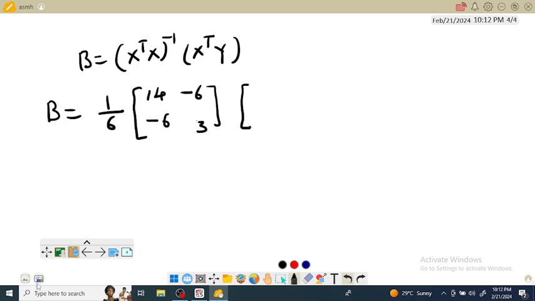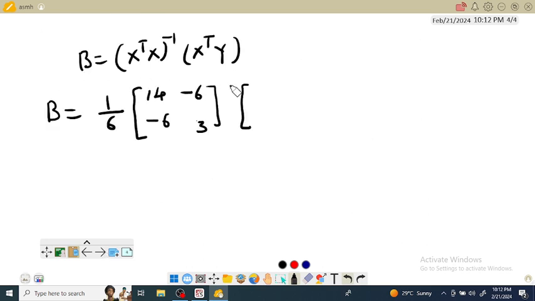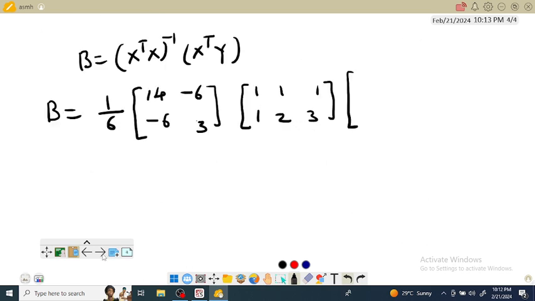So what is X^T? The X transpose is [1 1 1; 1 2 3], into y. Sorry, the vector y is 4, 2, 3. So first of all we want to determine this X^T y.